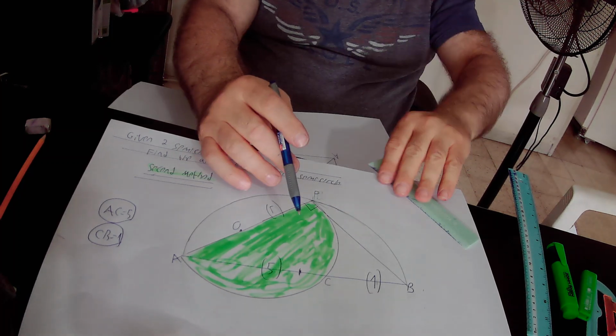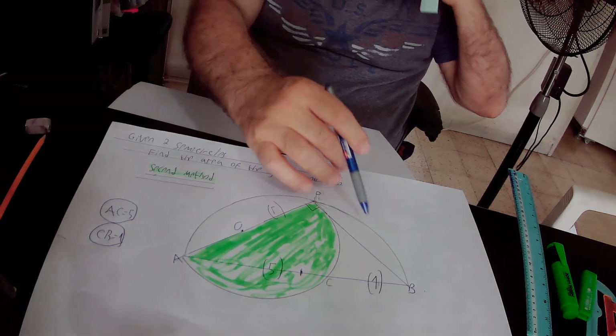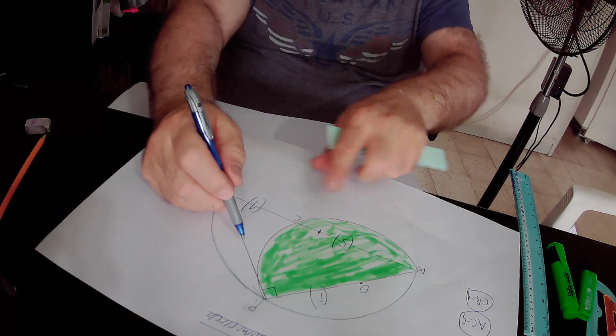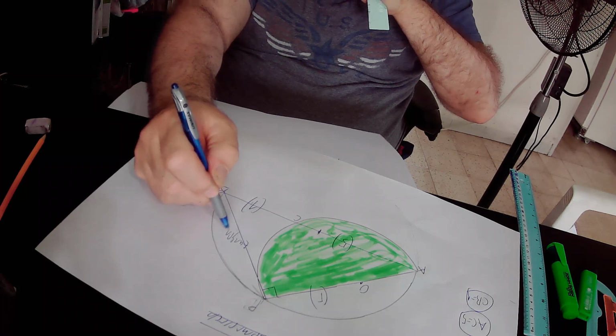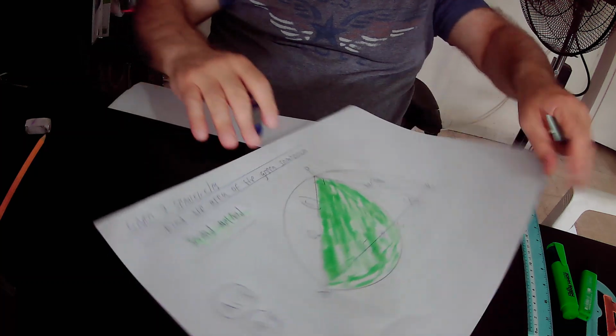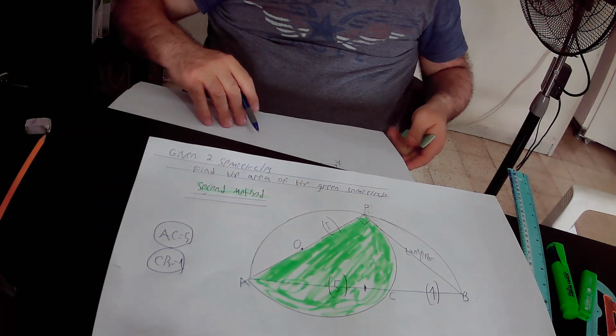Okay, so therefore BP is a tangent to the green semicircle at point P.